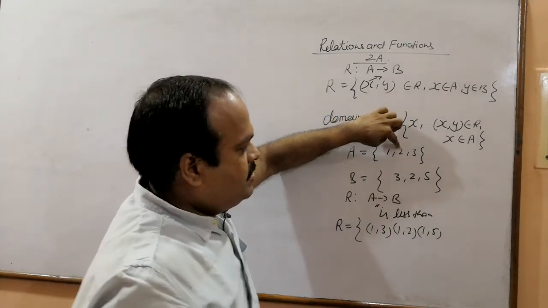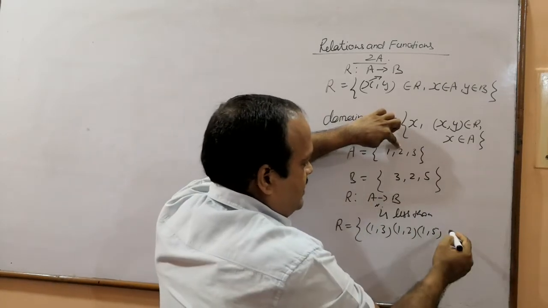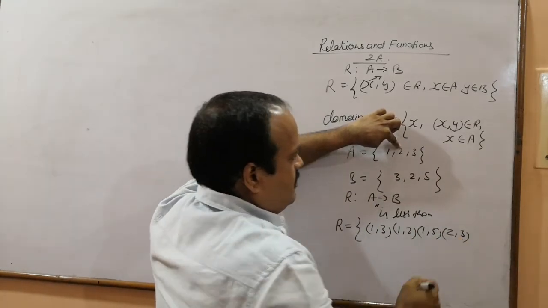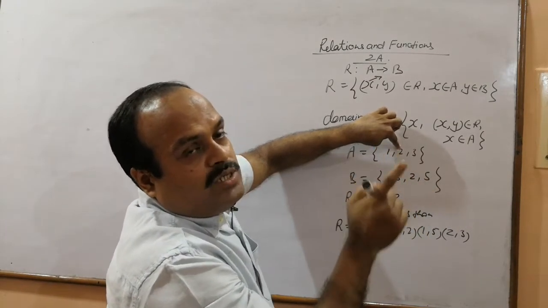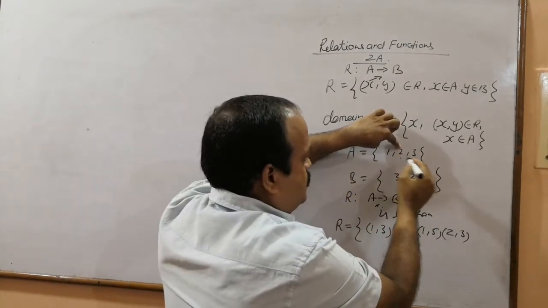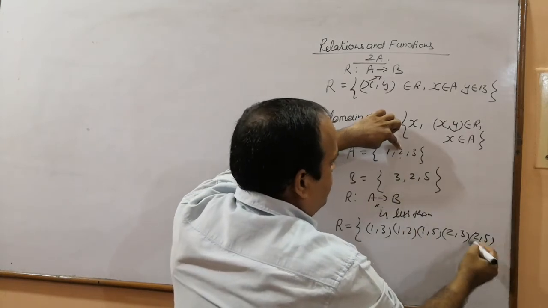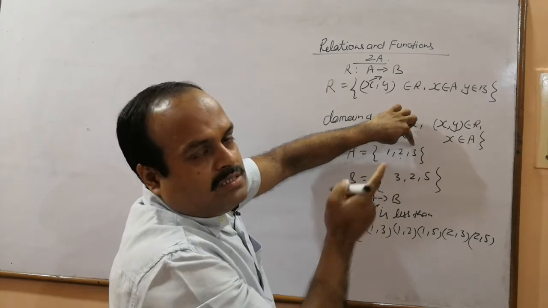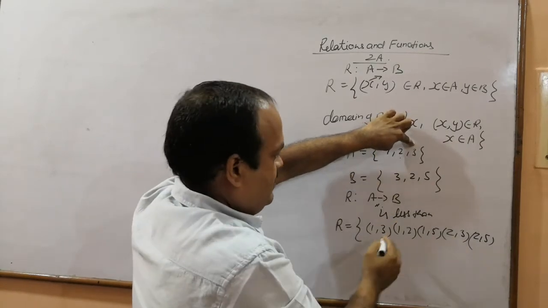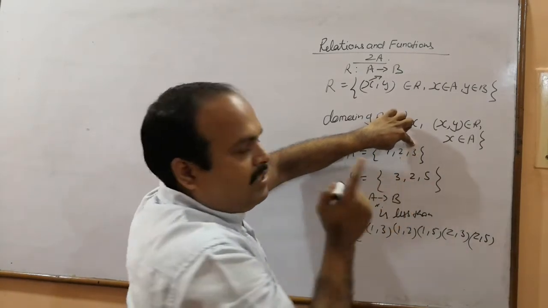Now write the second one, 2, 3. 2, 2, will it be? No, because 2 is not less than 2. 2, 5. 3, 3, will it be? No, because 3 is not less than 3. 3, 2, will it be?